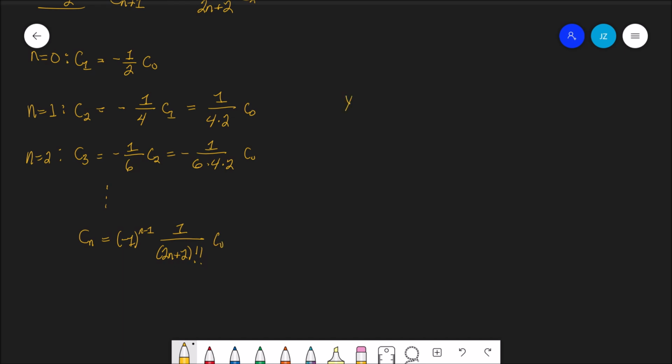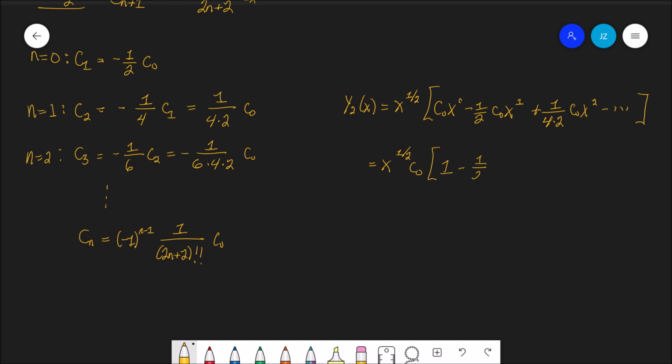So our second solution, y2 of x, will be x to the half times c naught x to the 0 minus half c naught x to the first plus 1 over 4 times 2 c naught x squared minus yada yada yada, which is x to the half times c naught times 1 minus a half x plus 1 over 4 times 2 x squared minus yada yada yada.